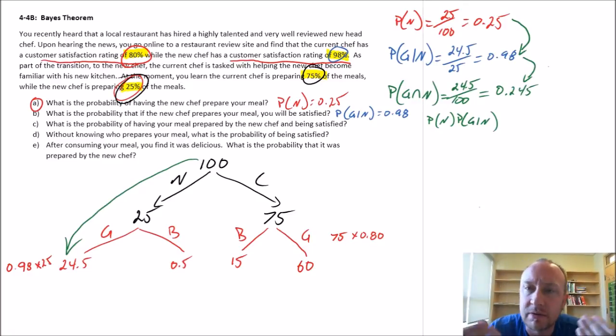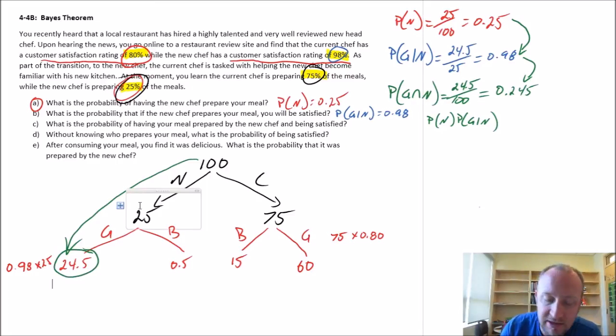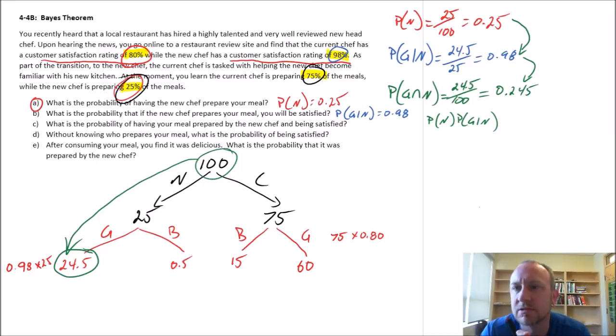So we can go through the calculations using our probabilities, but using this tree, this graphic, I can see it's simply the number of meals that satisfy both of those criteria divided by the total number of meals that are being produced. Okay, so that's relatively straightforward, I hope.